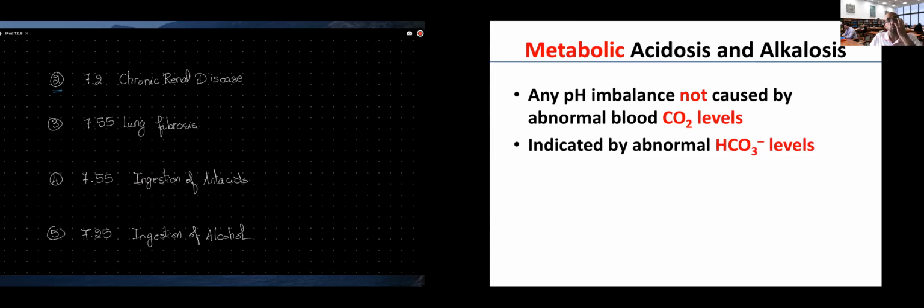Is this acidosis or alkalosis? Acidosis. Is this a metabolic or respiratory acidosis? So number 2 is exactly metabolic acidosis.